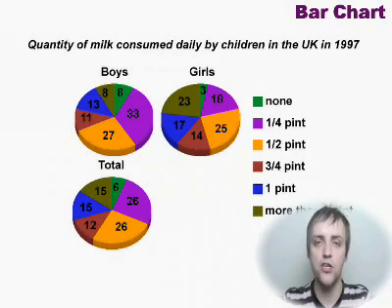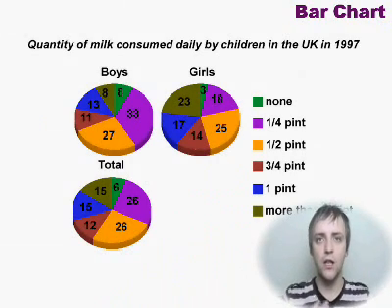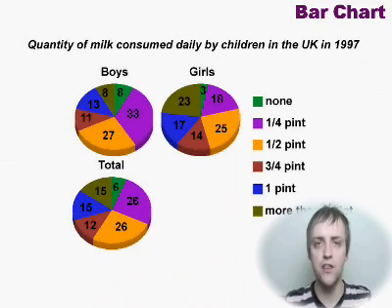If you look at the chart for boys, now the thing that jumps out immediately is the two slices of the chart which have the highest proportions. Okay, you can see that the yellow or slightly orangey slice has 27% of the total. The pink one has 33. So those two are the most significant proportions in the pie chart.